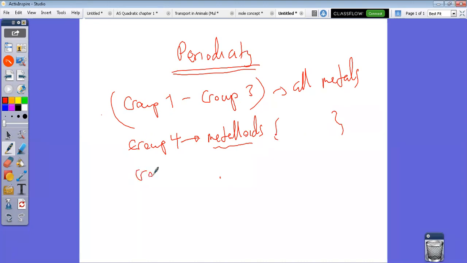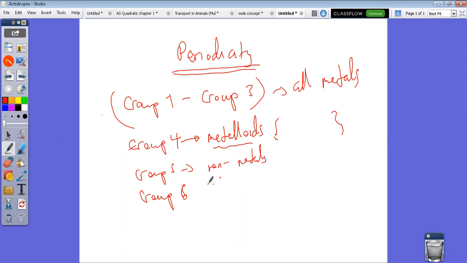Now group 5, non-metals. Clear? Can someone tell me any element in group 5? Looking at your periodic table, I want to see if people are looking at the correct periodic table. Nitrogen, correct. Phosphorus, correct.